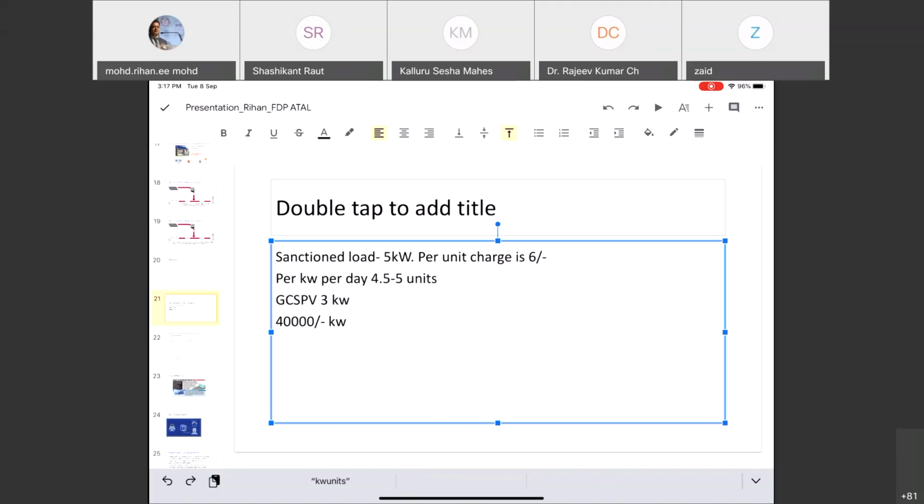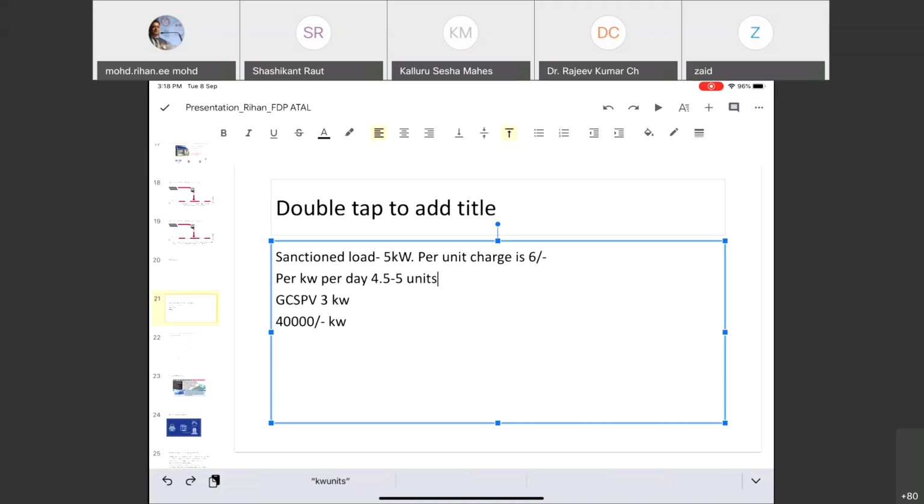You are installing a 3 kilowatt solar power plant grid connected, and its cost is 40,000 per kilowatt. For the time being, for the first step of calculation, we are not taking into account the export. We are considering that whatever the plant will generate, will be consumed.